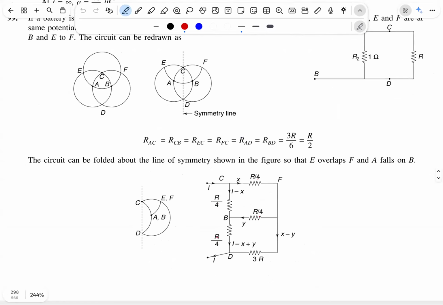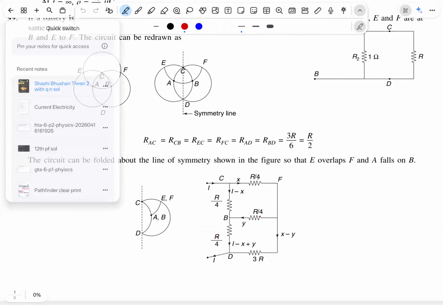They wrote 3R. How can it be? 3R is impossible. So they went wrong.